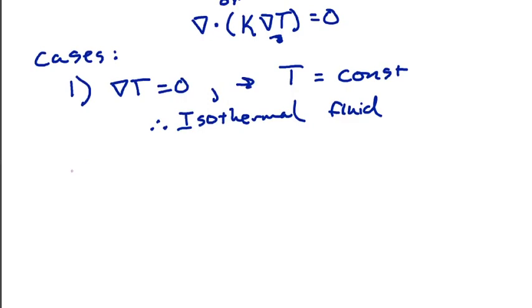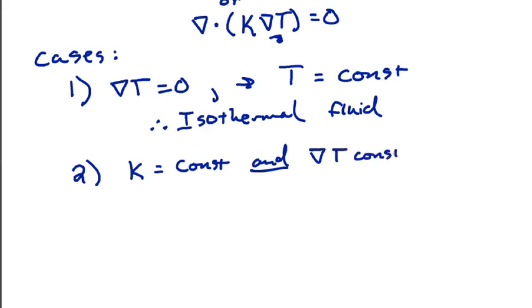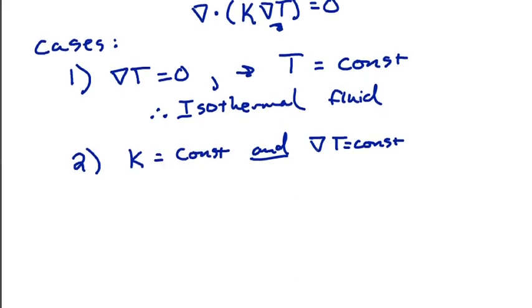Okay, we can make a slightly more complicated case. We can say something like, well, what if k is constant, and what if grad T is constant? If they're each independently constant, what do we get in that kind of case?